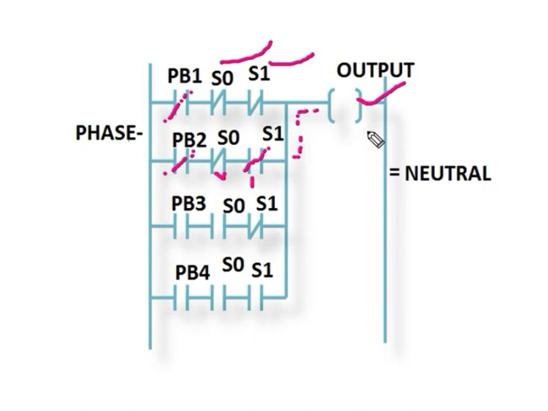In automation, we check how a number of inputs and only one output can be controlled. You can think that if 2 people press, then only the output will get on. If 3 people press, then only the output will glow.